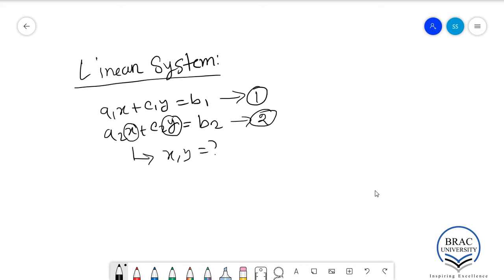You can easily do it for this system by using equation 1 and 2 and appropriate substitution, but we won't be focusing on that approach. Rather, we'll focus on the approach with matrices. From 1 and 2 we can write this equation in a matrix form, and this form is like this.